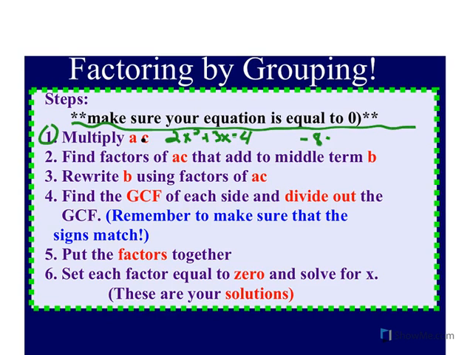So we will have to find two numbers that multiply to negative 8. Then we will find the factors of AC, which we just found, negative 8, that add to the middle term b. So step 2 is when those same two numbers must add to the middle number, b. So we have to find two numbers that add to 3. We would then rewrite b using those factors.